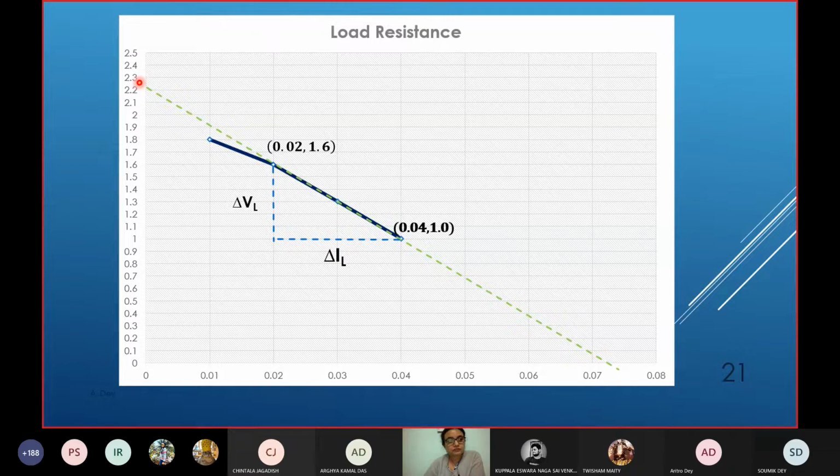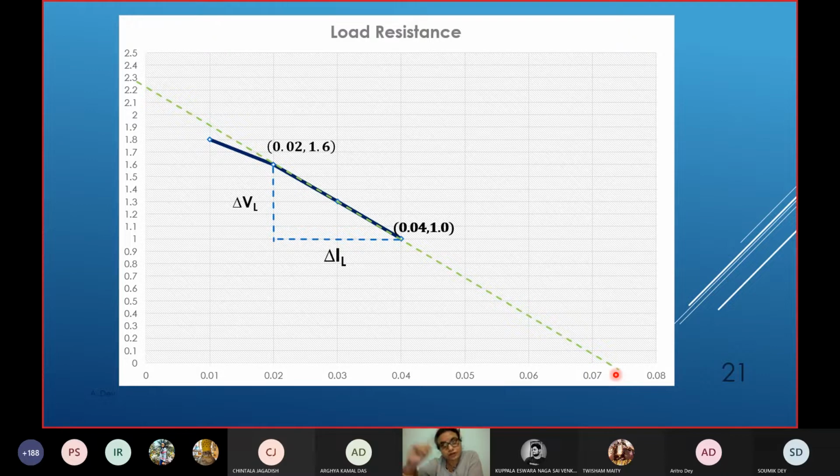We have got the VThevenin 2.3 volt experimentally, or 2.2, and here it is 2.25, so it is matching. If you extrapolate on this side, it will intersect the x-axis at 0.0725, whereas experimentally we have got ISC to be 0.07 ampere.